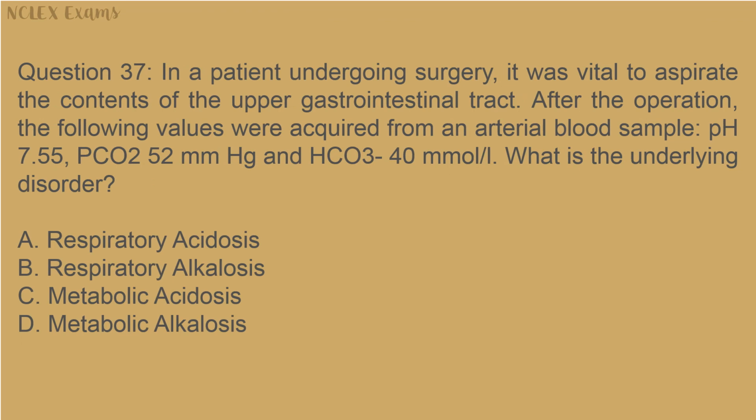Question 37. In a patient undergoing surgery, it was vital to aspirate the contents of the upper gastrointestinal tract. After the operation, the following values were acquired from an arterial blood sample: pH 7.55, PaCO2 52 mm Hg, and HCO3 40 mmol/L. What is the underlying disorder? A. Respiratory acidosis.